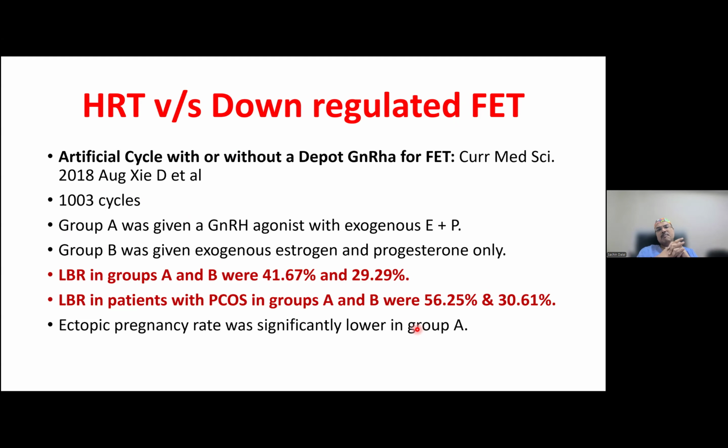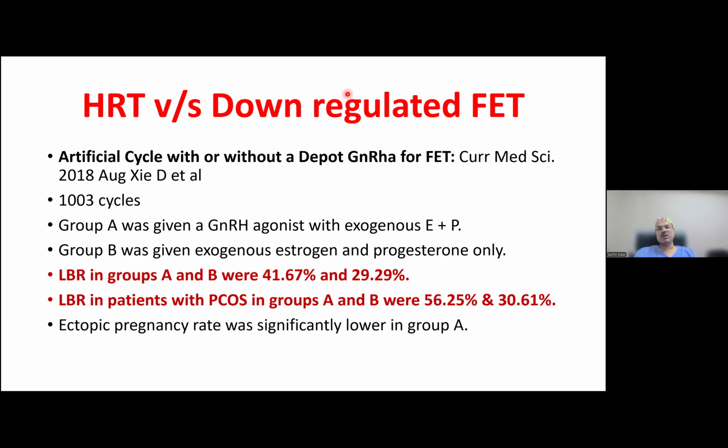This is a paper which compared HRT versus down-regulated FET cycles. There they had 1,000 cycles. Group A was given agonist depot, while Group B was given only estrogen and progesterone. And they found that live birth rates in Group A were 41% vis-a-vis 29% in Group B. And also in women with PCOS, the pregnancy rates were almost double than the women who had not been given GnRH agonist and who were given only estrogen and progesterone.